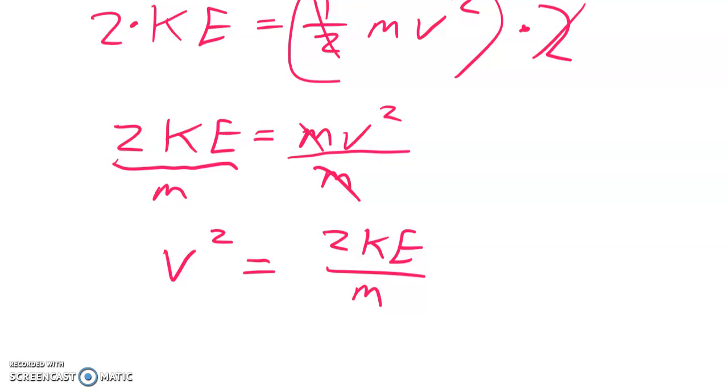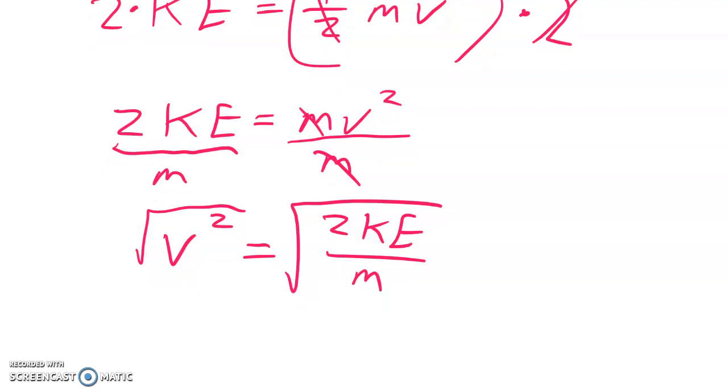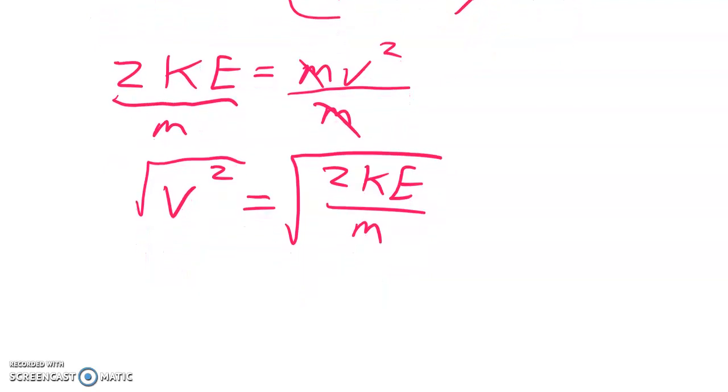So I've got to get rid of this little 2 here. I've got to think, how do I get rid of a square symbol? Well, the answer is I take a square root. And I can square root the entire left side as long as I also square root the entire right side. Now, here's a tricky bit though.